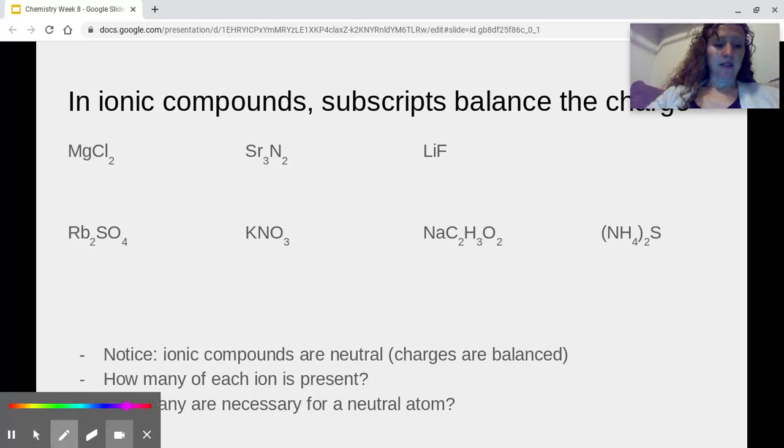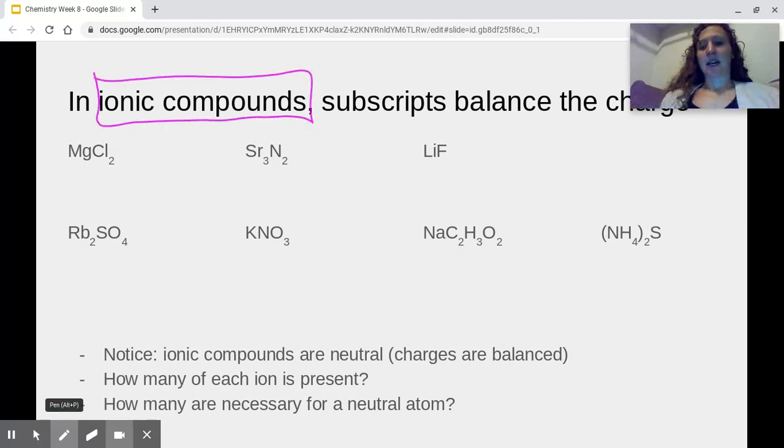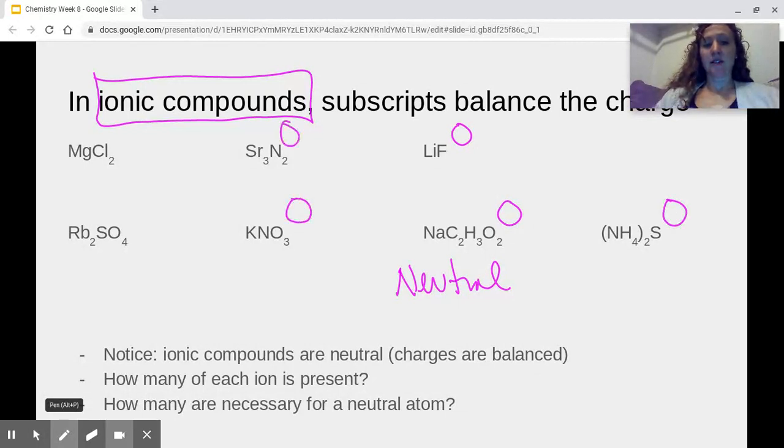So notice all of these on the board right now are ionic compounds, and all these ionic compounds are neutral. Notice none of them list a charge, right? So all of these compounds must mean that it's neutral.